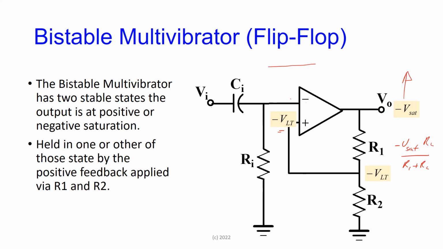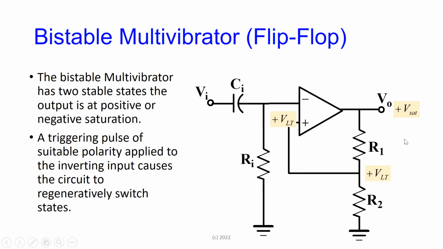So if I put a negative voltage here, the output is going to go to plus VSAT. And then to get this to go the other way, I have to put a positive voltage here that is greater than this value. When I do that, if here is more positive than here, the output is going to go to minus VSAT. And it stays there, right? It doesn't move until you tell it something.